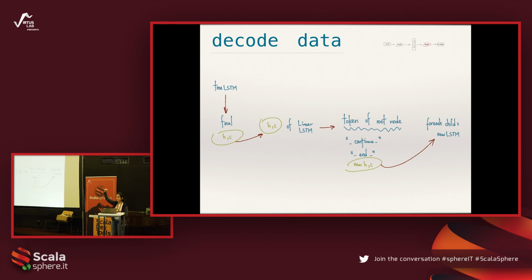So from the tree LSTM encoding bit, you get the final hidden state and memory, and inject that into a linear LSTM, which generates a token of the root node. Examples of that would be continue and etc. And from that you get a new hidden state and memory, which is injected to a new LSTM, which exists for each child node.